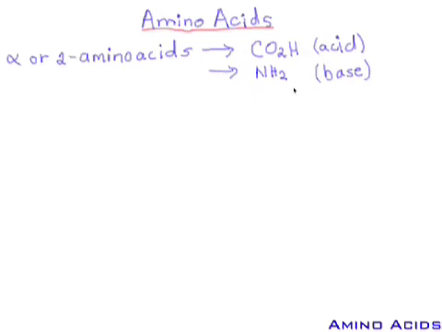Now, although there are over 500 different amino acids that actually occur in nature, only about 20 amino acids are used by all organisms in the biosynthesis of proteins. The distinguishing feature between these amino acids is not the CO2H or the NH2. In fact, all amino acids possess those two functional groups.